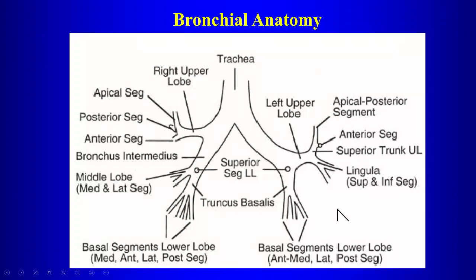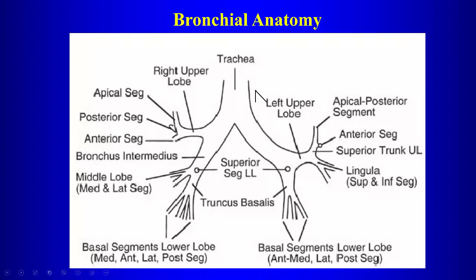The bronchial anatomy. You do need to know the bronchial anatomy, the segmental anatomy very well, especially on a CT. You should be able to point to any image on an axial CT scan, point to an airway, a segmental airway. You should be able to tell what it is. The appearance of the airways on the CT, since we're looking at axial images, depends on their orientation relative to the axial cut.